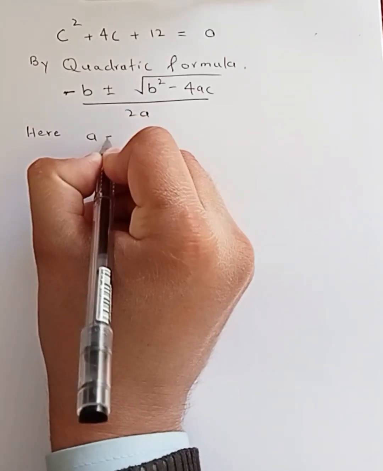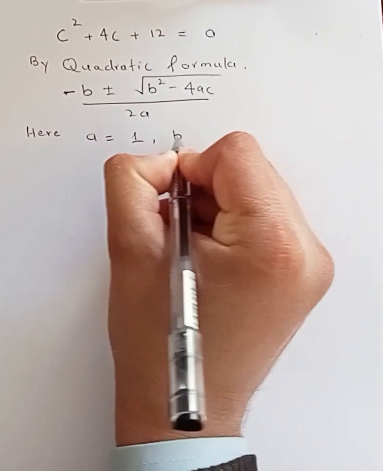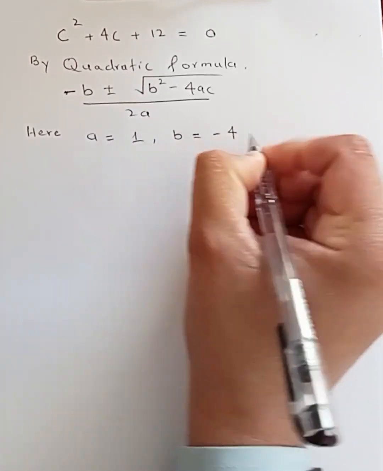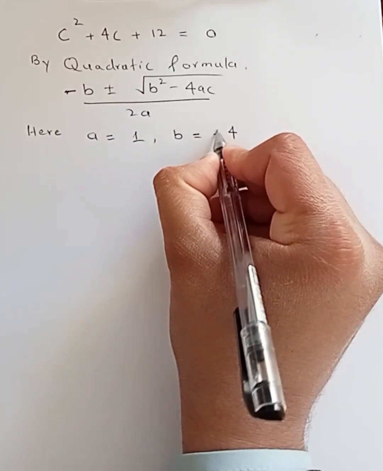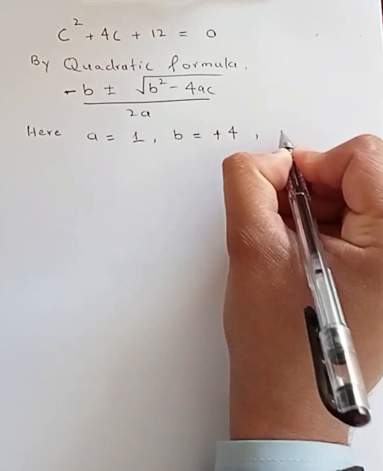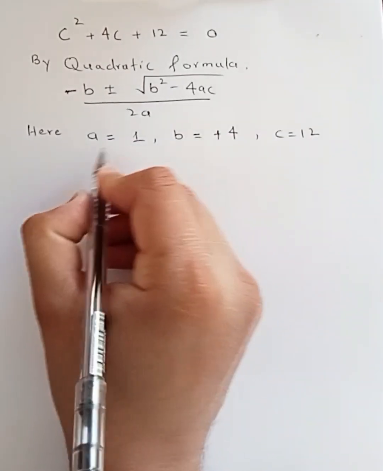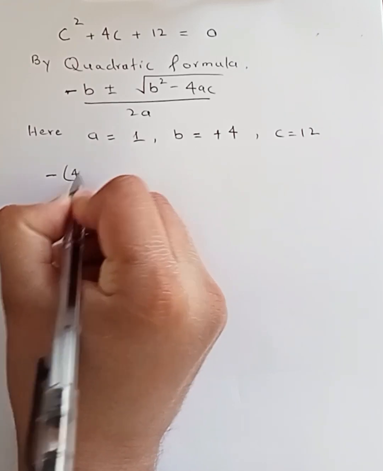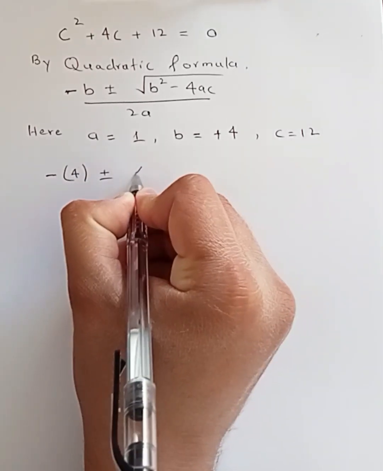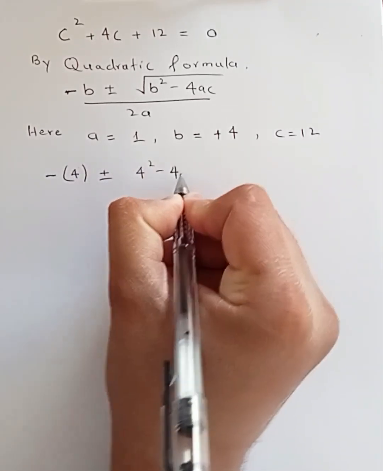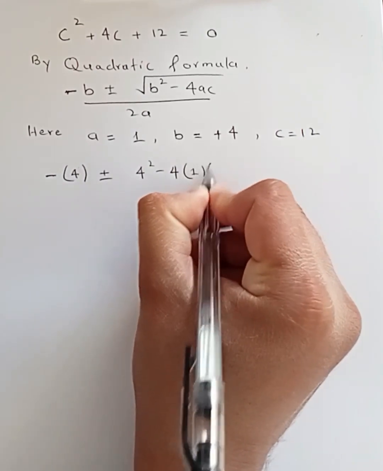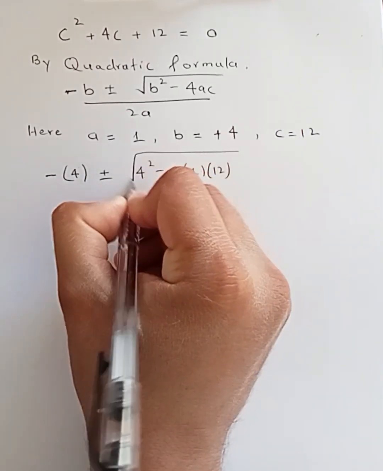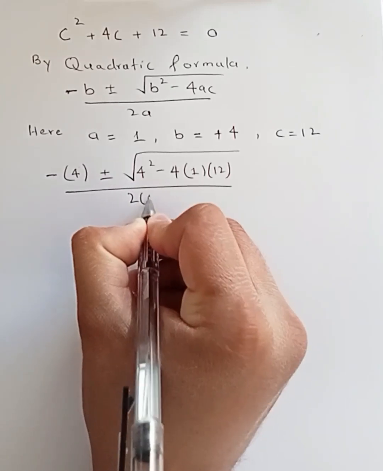Here a is equal to 1, b is equal to plus 4, and c is equal to 12. So put the values: minus 4 plus or minus the square root of 4 square minus 4 into 1 into 12, divided by 2 into 1.